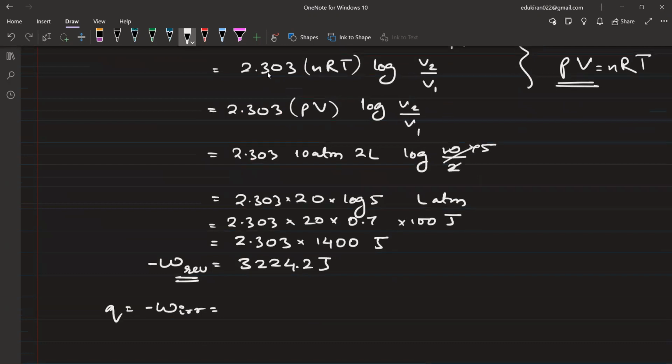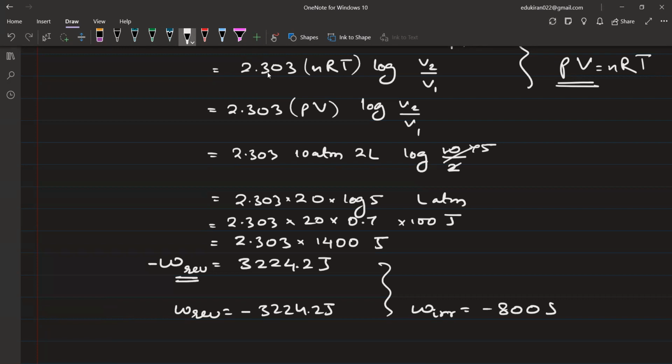That was equal to Q. This is 3224.2. So वर्क की अगर बात करें तो it will be minus 3224.2 joules, and जो irreversible work था हमारे पास, that was equal to minus 800 joules.